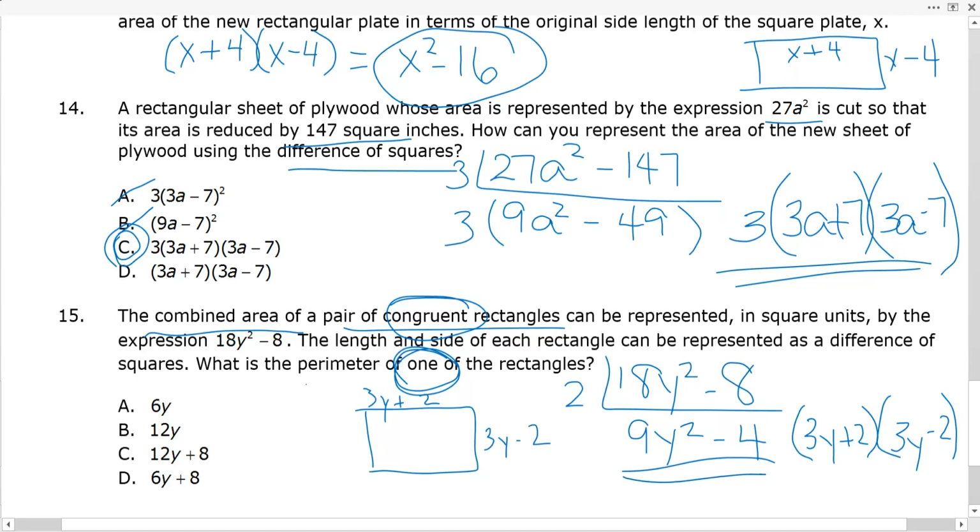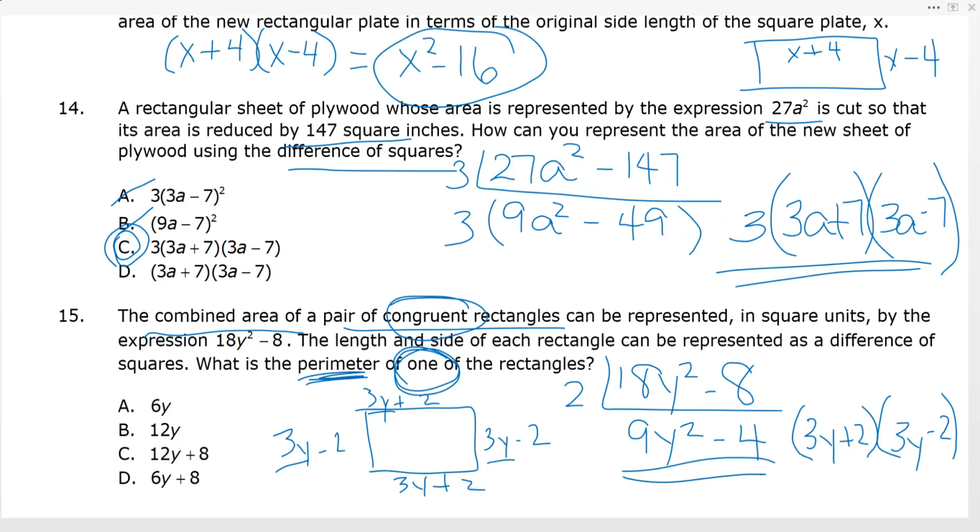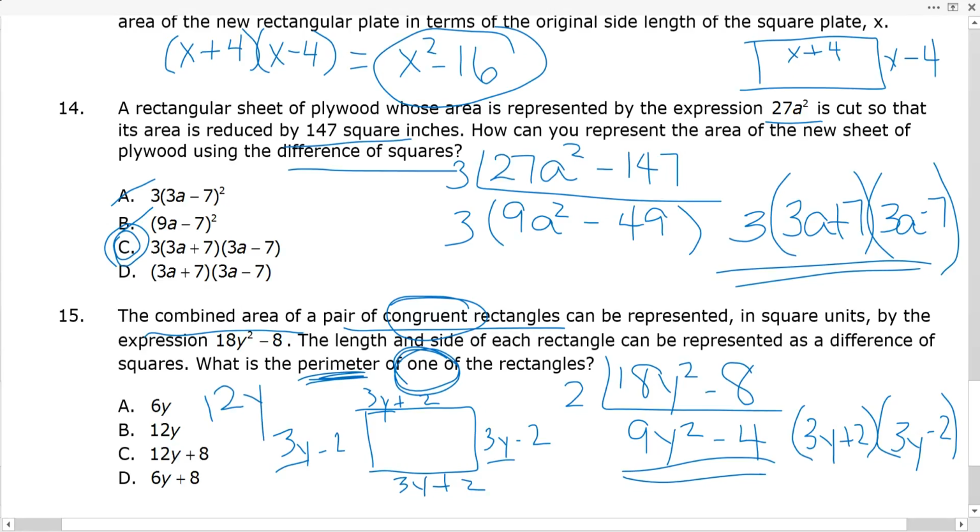And I want to find the perimeter. So this side is 3y minus 2, and this side is 3y plus 2. So I add up all my sides. I have 3y, 6y, 9y, 12y. And I have plus 2 minus 2 plus 2 minus 2, which means they all kind of disappear, and I end up with 12y being my perimeter. There, that wasn't so bad.